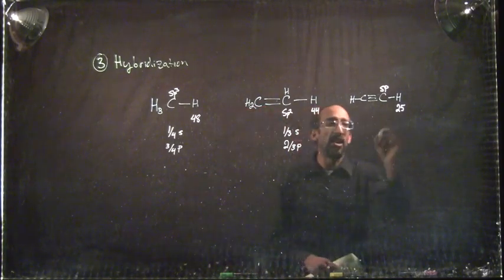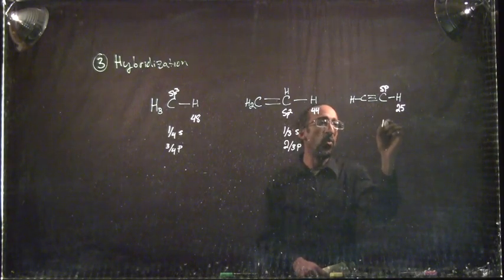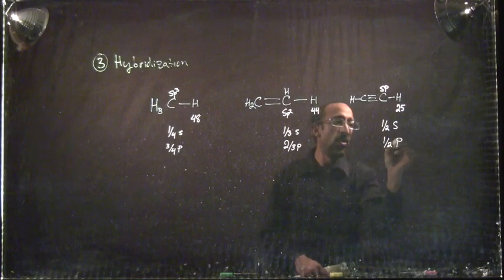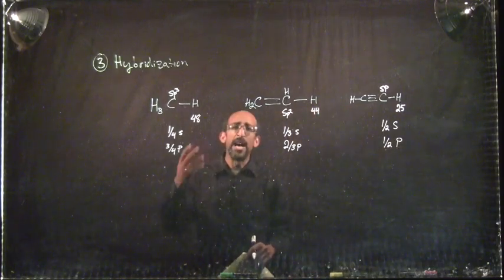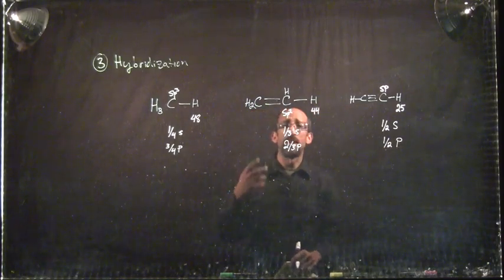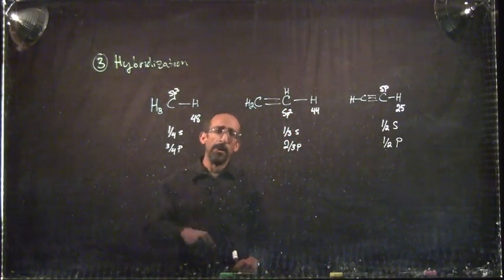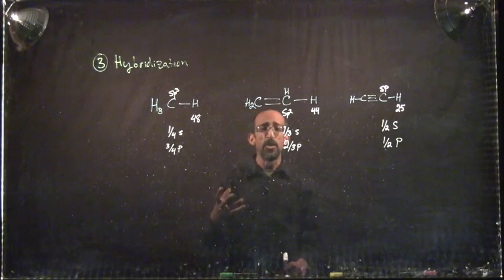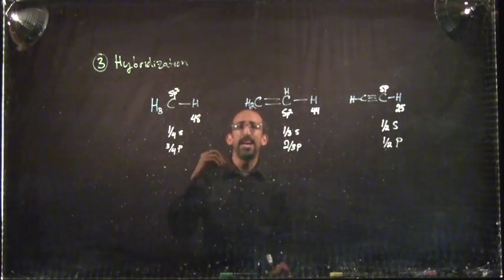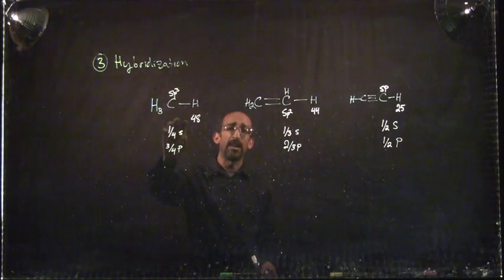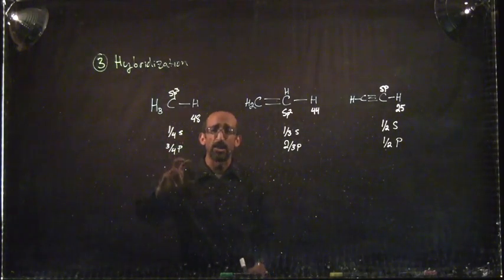And then finally in our alkyne scenario, we have 1/2 s character and 1/2 p orbital character. Now, recall from our discussion about atomic orbitals that an s orbital is always going to be smaller than a p orbital. And a hybrid orbital is going to behave in a fashion that is related to how much s character it has and how much p character it has.